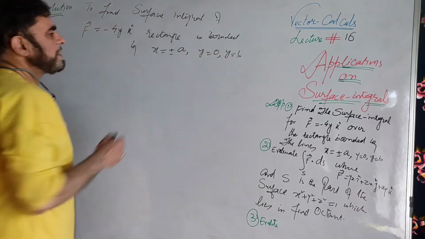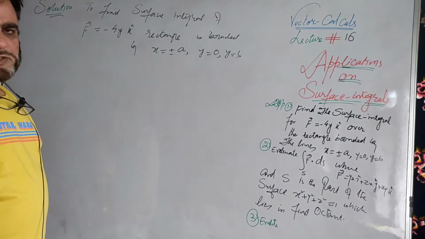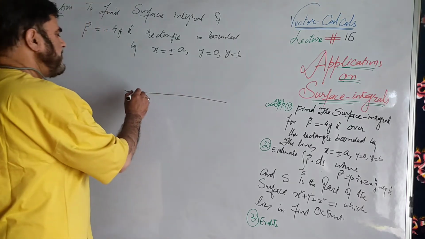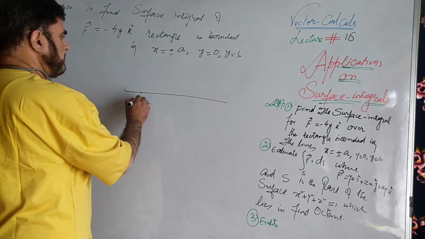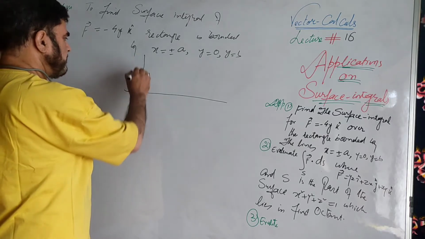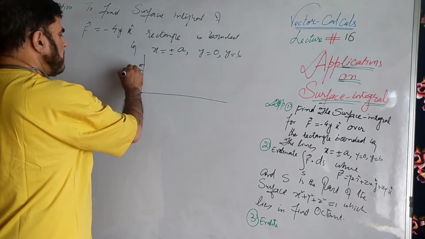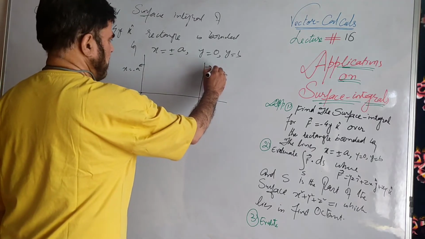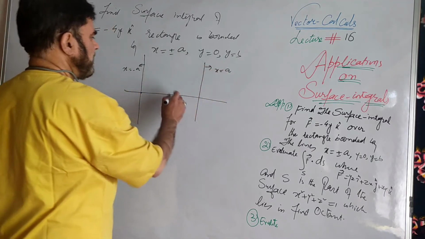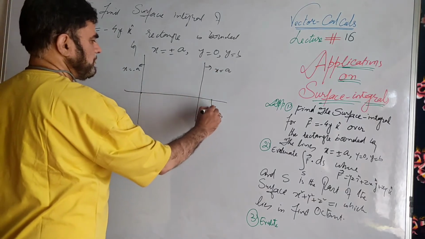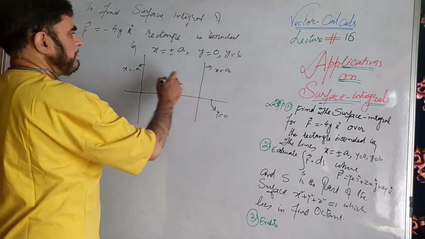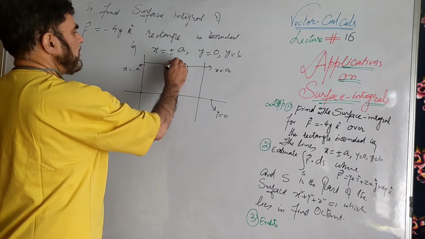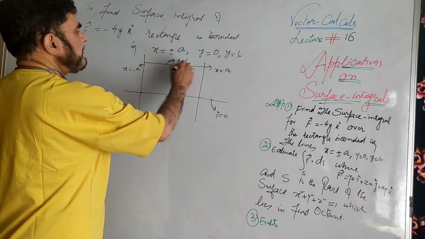You observe this is obviously lying in the xy plane. Here we have x equal to minus a, this is x equal to a, and this is the y equal to 0 line. Let us assume this is y equal to b.